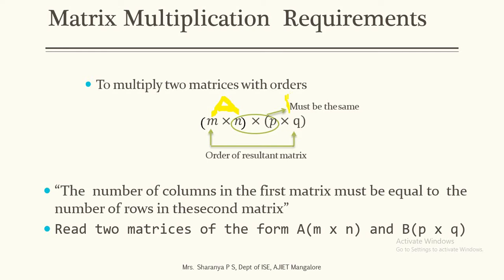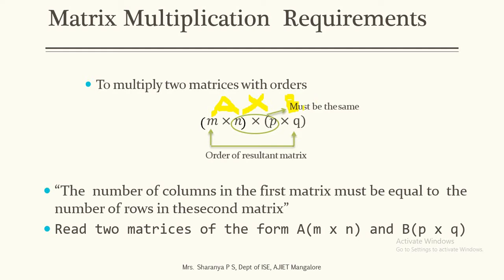Similarly, we are using one more matrix B, which has p number of rows and q number of columns. So, the order of the B matrix is p cross q. And now I want to multiply A matrix elements and B matrix elements.